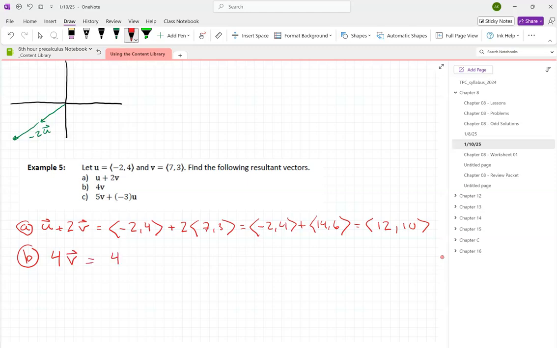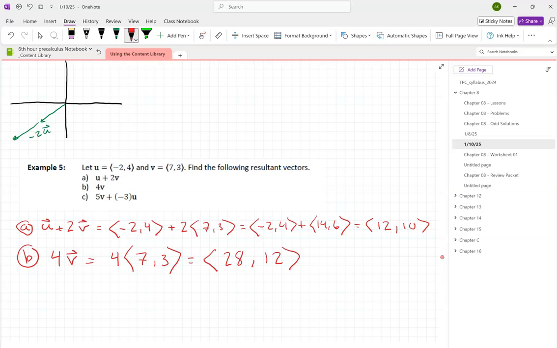So if I have 4 times v, I'll start by doing the same thing. I'll just replace the vector v with its component form. And then I'll do 4 times 7 and 4 times 3. And that's all she wrote.